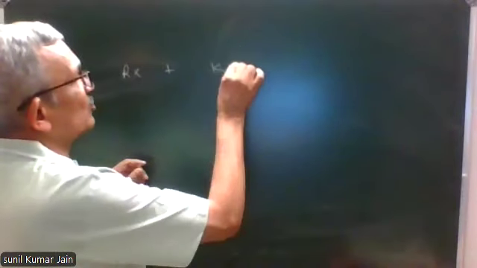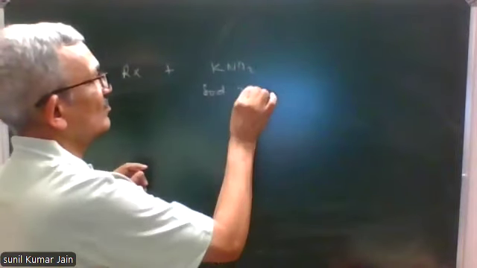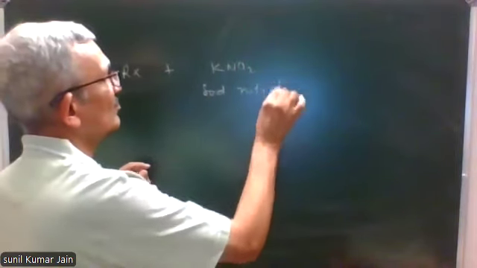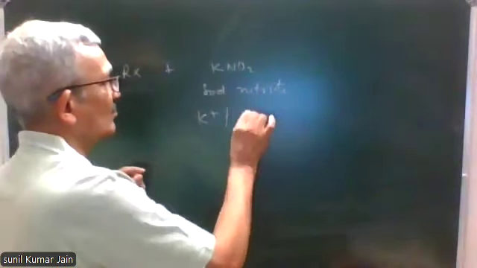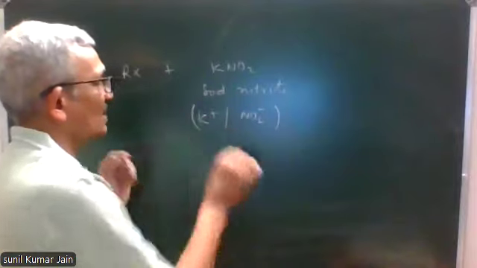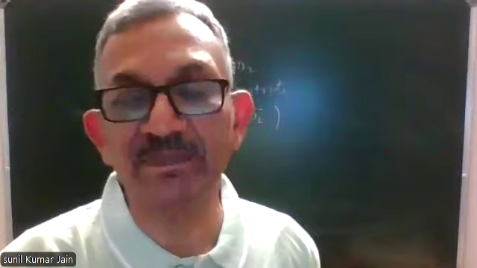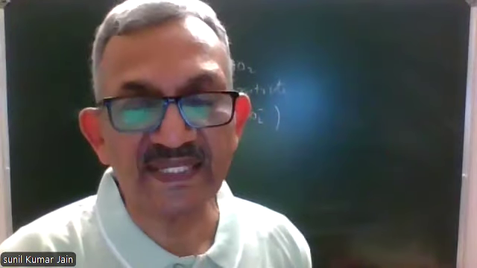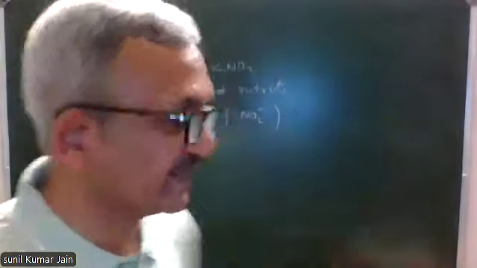Reaction with KNO2. This ionic compound will ionize to give K plus and NO2 minus. NO2 minus will be nucleophile. I'm writing two resonating structures of nitrite ion.